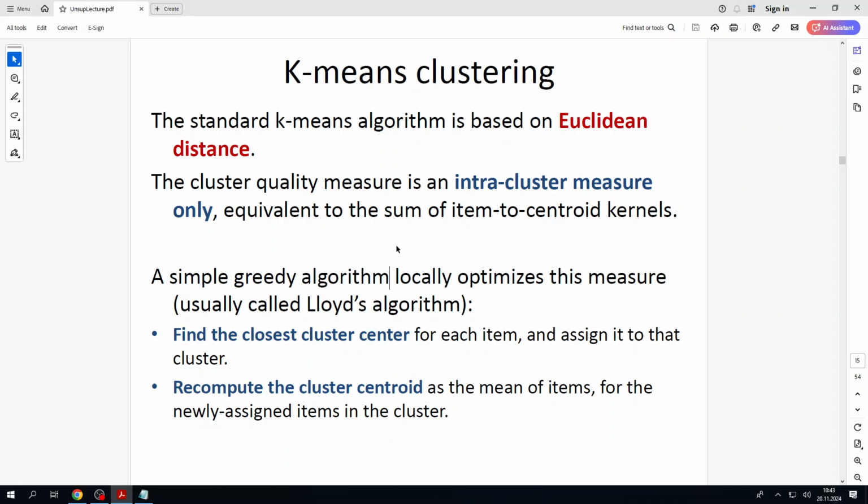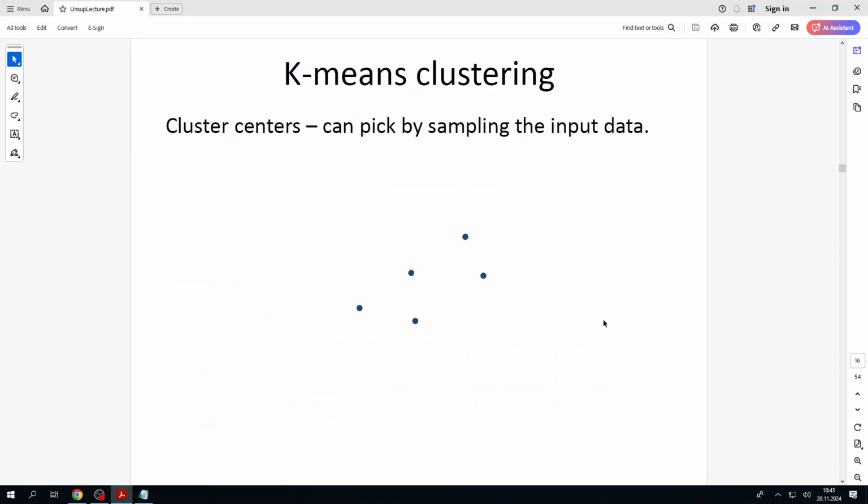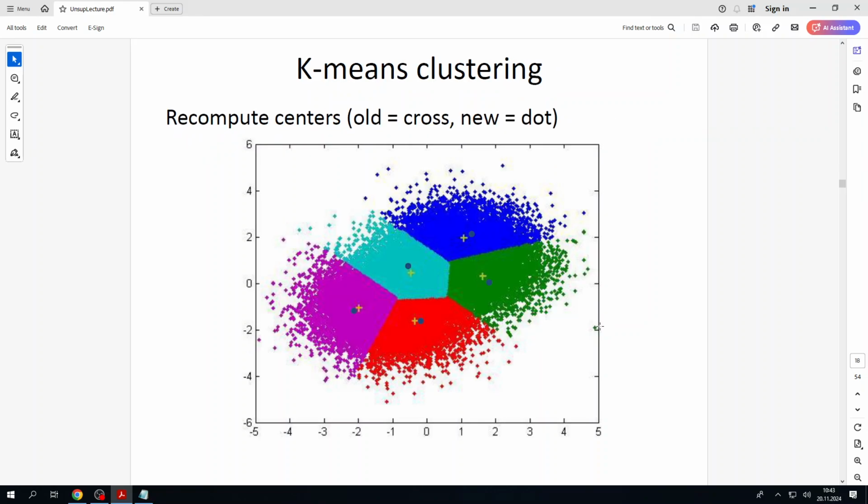So first of all, if you have some data set, then in each of these different color clusters, you choose one of the points as the centroid of that cluster. Of course, at the beginning, you don't really know where the cluster starts. You have to assume something.